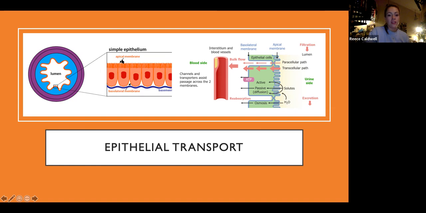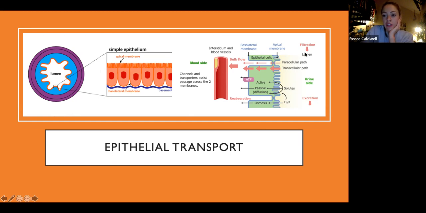So we see our epithelial cells have an apical and a basolateral or basilar membrane, a basement membrane. So the apical membrane is the side that's closer to the lumen and sometimes called the luminal membrane. And then the basolateral side is the side that's touching the ECF or the extracellular fluid. And we're going to see some more examples of that coming soon.